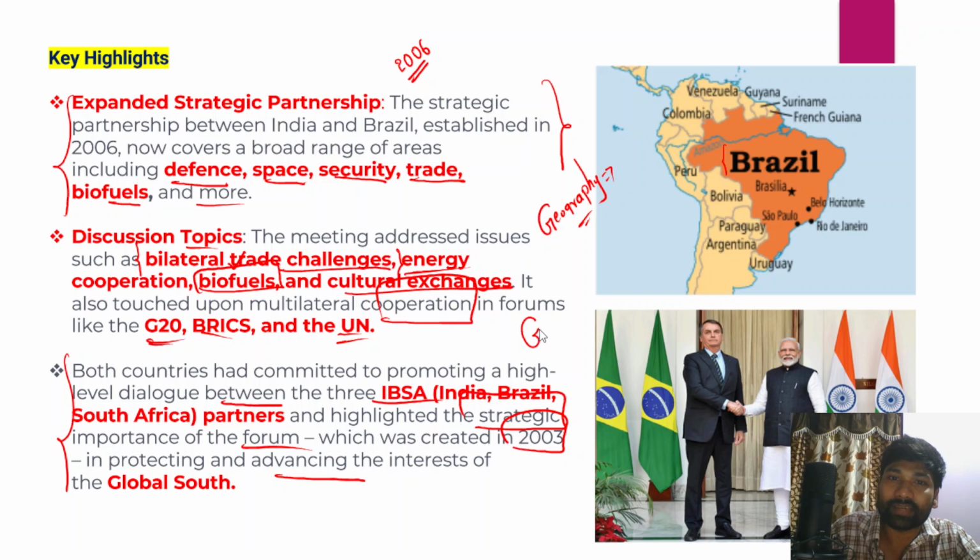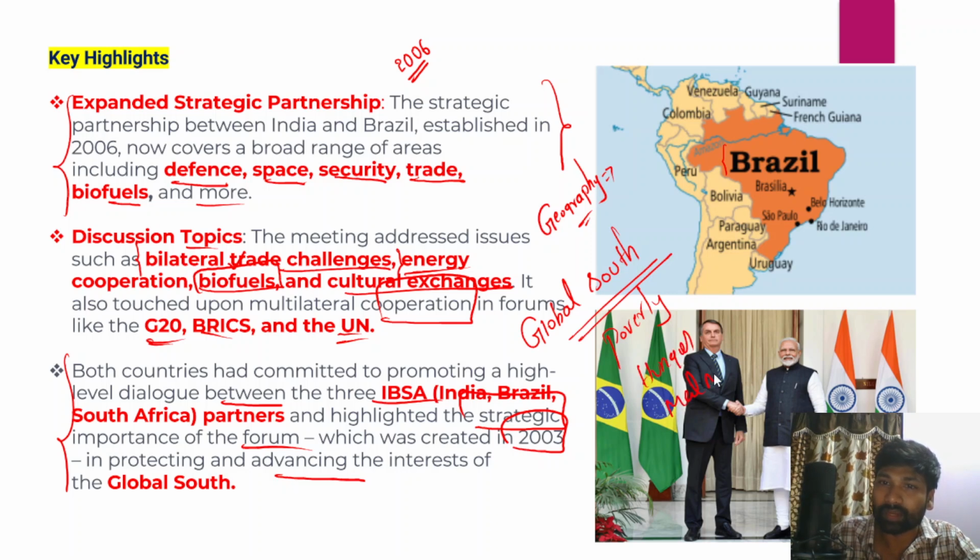And the global south as a region has been facing a number of challenges, and therefore it is very important that like-minded countries like India and Brazil come together and address challenges such as poverty, hunger, malnutrition, terrorism, and even democratic values, because both are democracies, and improving the living standards of the people.